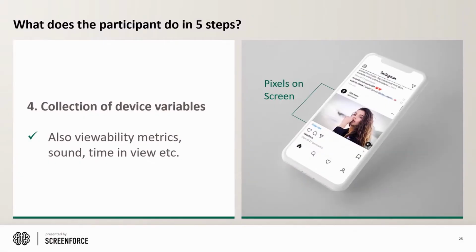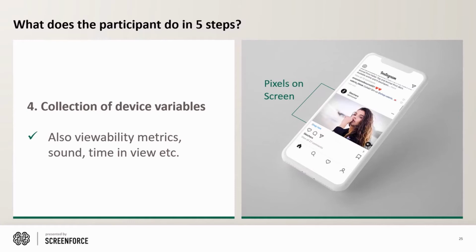What else happens is we're collecting inward-facing variables, right? So not only are we collecting facial footage, which is outward-facing, we're collecting device variables. So again, we don't scrape any personal information, but what we do scrape is scroll speed, whether the sound was on, whether the sound was off, and the volume.